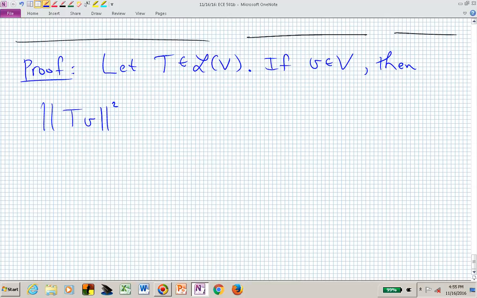V is generic, so this will be true for all little v in our vector space, capital V. But you know how to rewrite the norm of Tv squared. The answer is yes. You know how to write that. How do we write that? That's the inner product of Tv with itself.